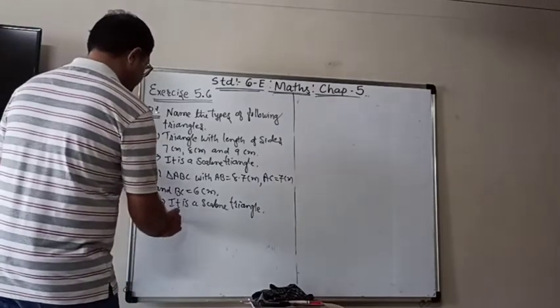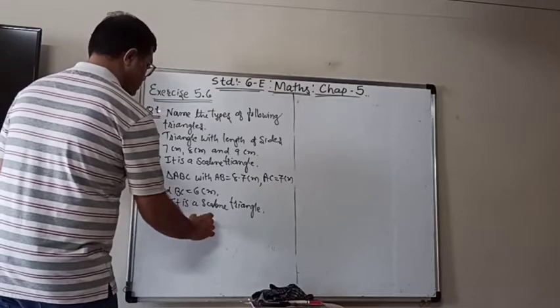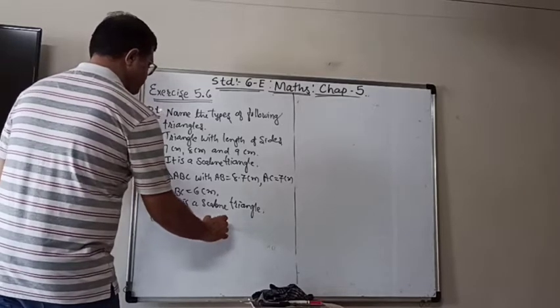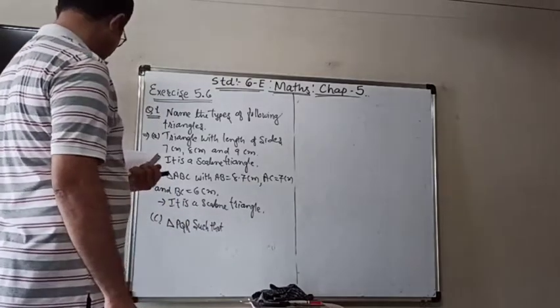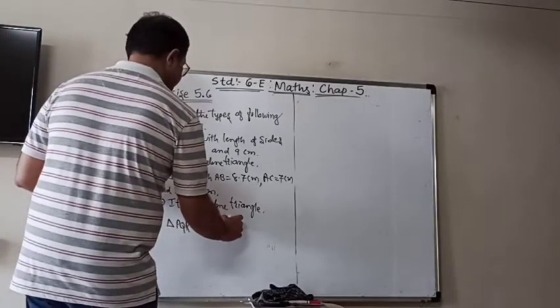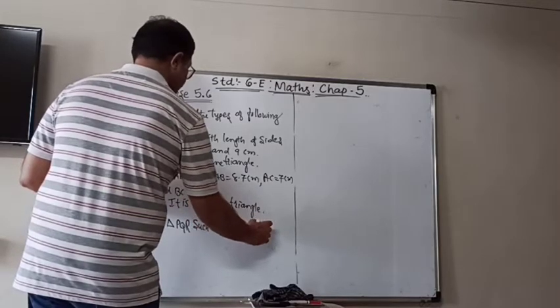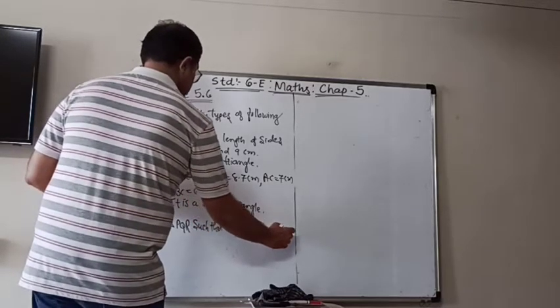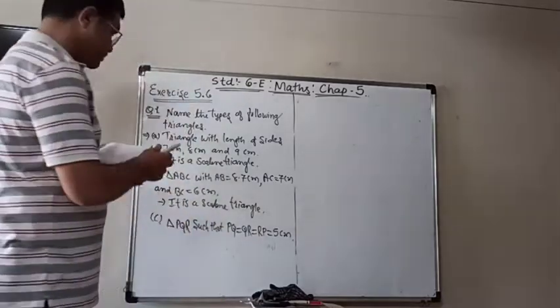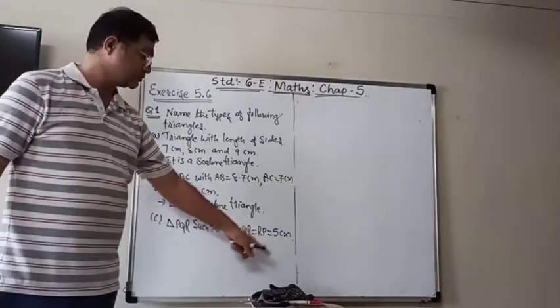C. Triangle PQR such that PQ is equal to QR is equal to RP is equal to 5 centimeter. What is the meaning of this?